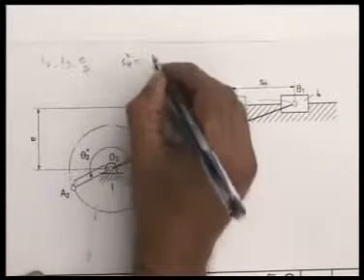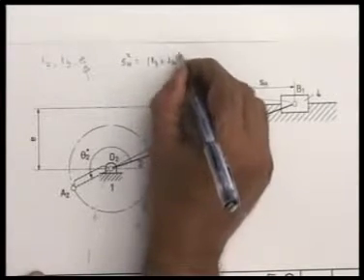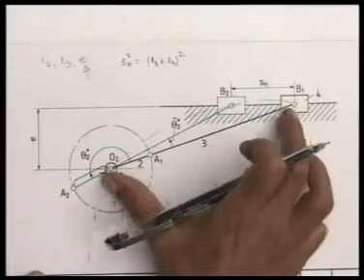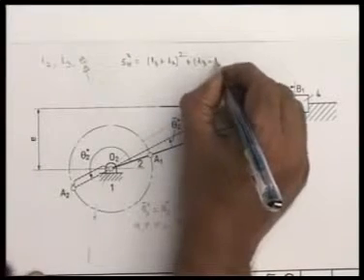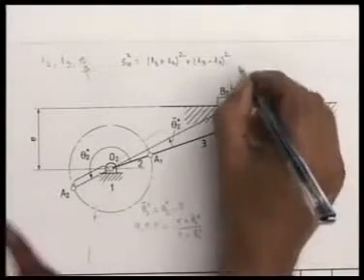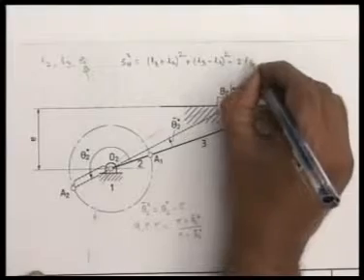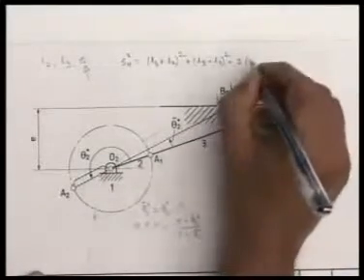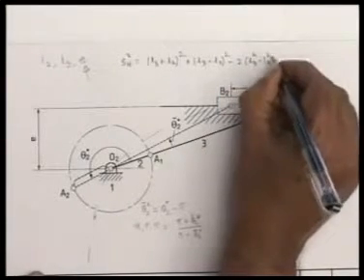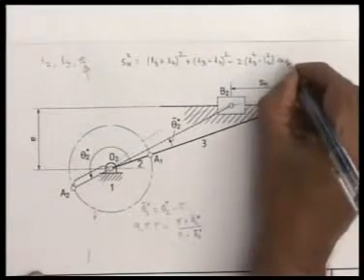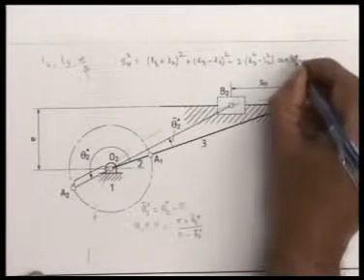SH squared is L3 plus L2 whole squared, that is O2 B1 squared, plus O2 B2 squared, that is L3 minus L2 whole squared, minus twice of O2 B1 into O2 B2, that gives me L3 plus L2 into L3 minus L2, that is L3 squared minus L2 squared, into cosine of this angle, that is theta 2 star bar.